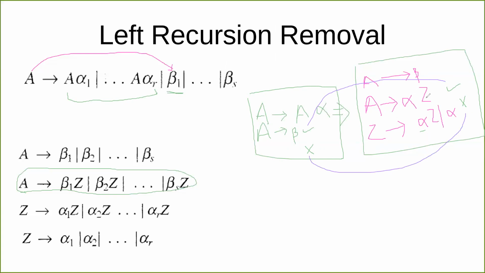So these two grammars are equivalent, and the difference between them is on the left side of the grammar. This grammar has left recursion, and this grammar does not have left recursion.